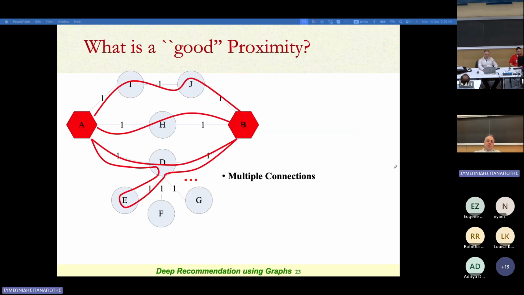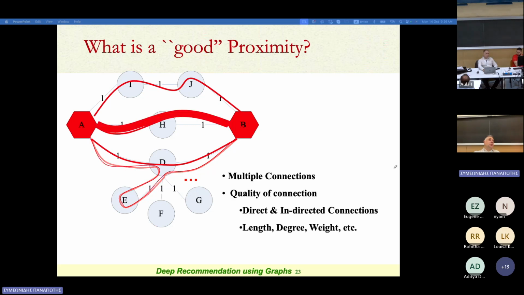So the number of connections: how many paths connect these two nodes? Paths of length 2, paths of length 3, etc. The weights of the edges can also be considered.